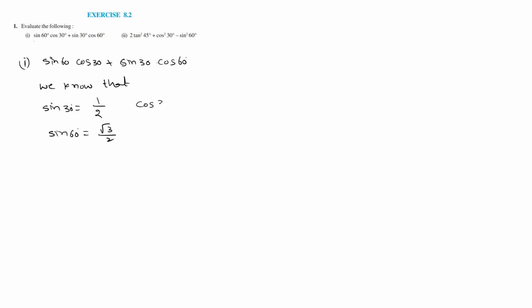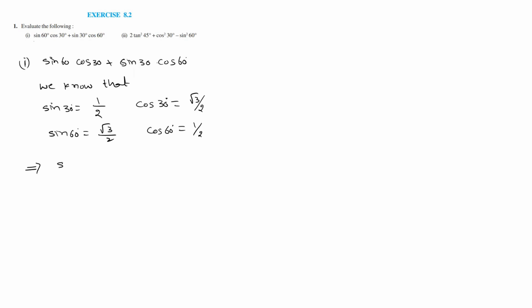And cos 30 will be root 3 by 2, and cos 60 will be 1 by 2. So if you substitute all these values here, we will get the answer.